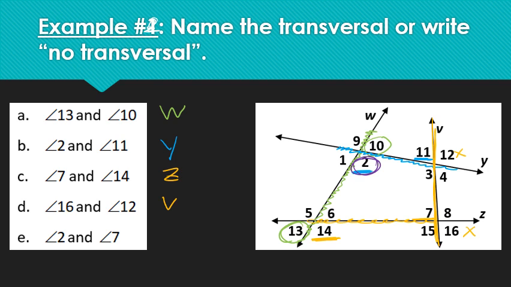So here's 2 and here is 7. Well, 2 touches Y and 2 touches W. 7 touches transversal V and 7 touches transversal Z. So here they have no transversal in common.